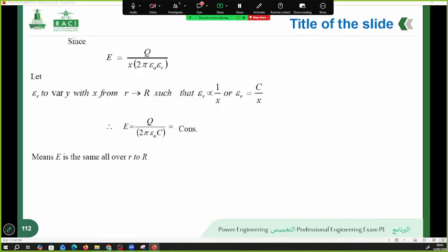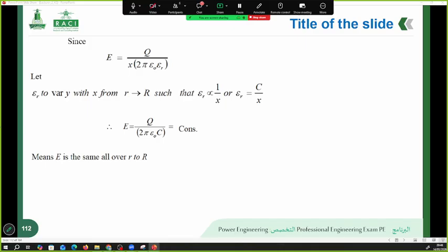So we have this first equation representing the electric field strength E at a radial distance x from the center of the cylindrical cable conductor. We already discussed all of these parameters. So this slide explains the key concept behind capacitance grading: to make the electric field uniform and constant throughout the dielectric.